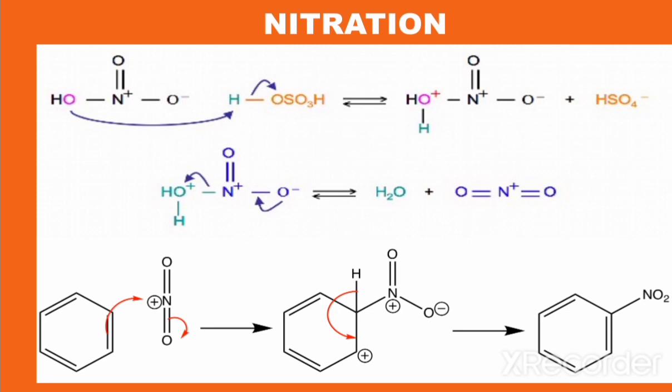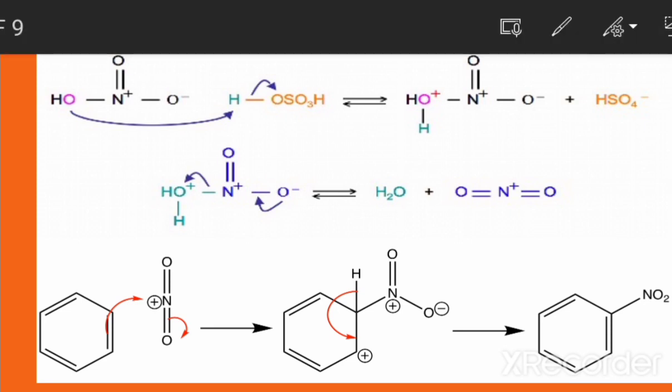Firstly, we will see how we form a nitronium ion. So basically we have H2SO4. In this, the hydrogen will break its bond and form a positive ion, along with the nitro group.